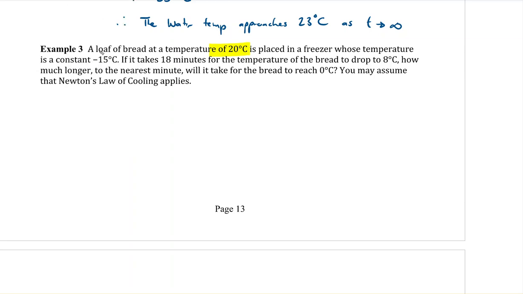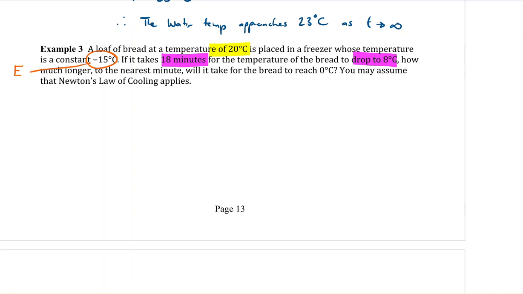That is the environment, correct. If it takes 18 minutes for the temperature of the bread to drop to 8 degrees, that's my second piece of information. How much longer to the nearest minute will it take for the bread to reach 0 degrees Celsius? You may assume Newton's law of cooling applies.